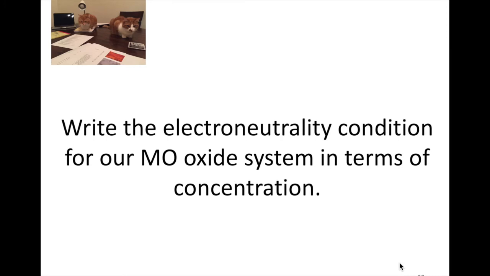So see if you can write that electroneutrality condition we just discussed on paper for our system, but in terms of concentration, and then come back and we will work this together.